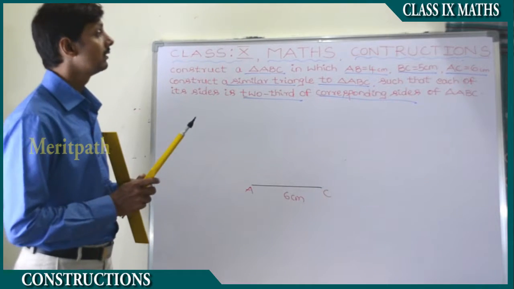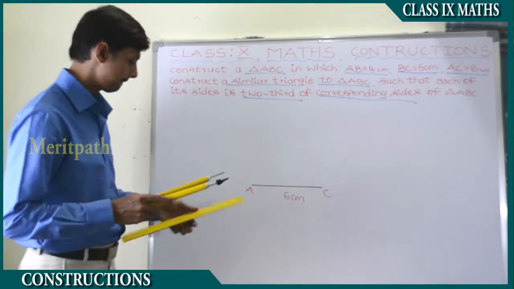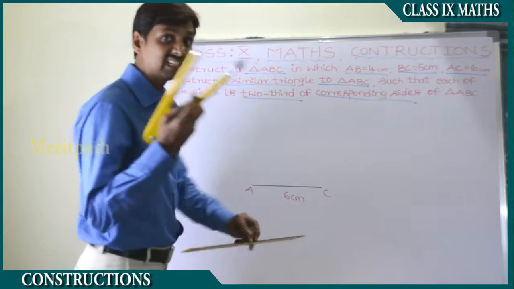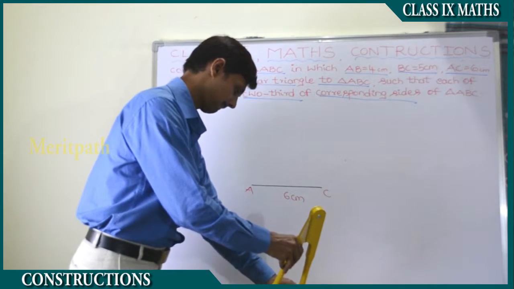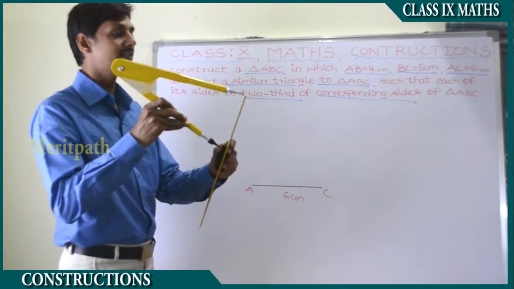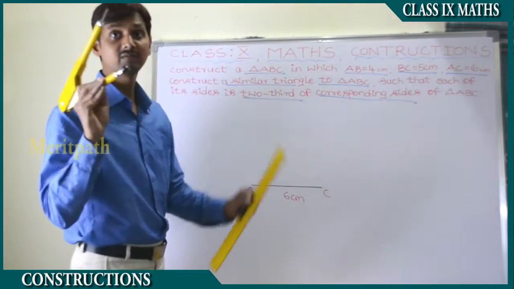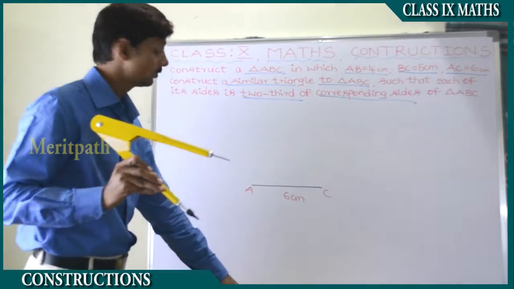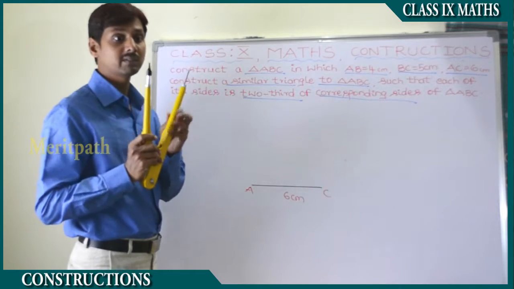And then, using A, let's draw 4 centimeters. 4 centimeters radius we are taking on the compass. Let's see, this is 4 centimeters on the compass we have taken.